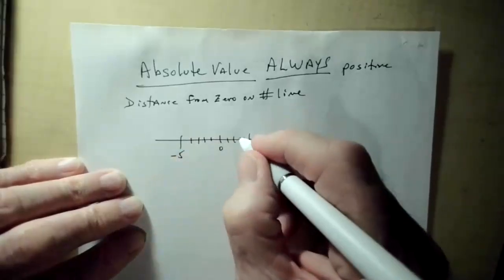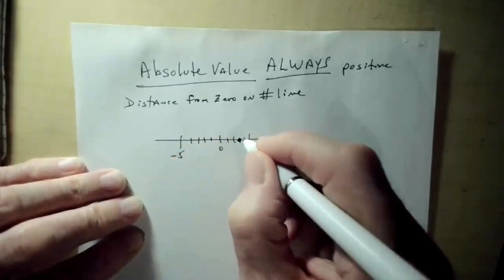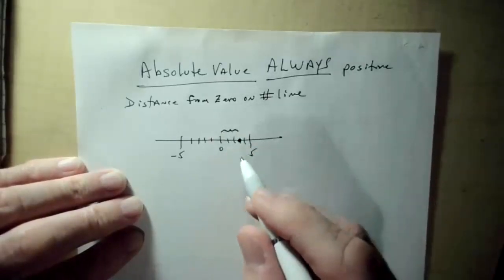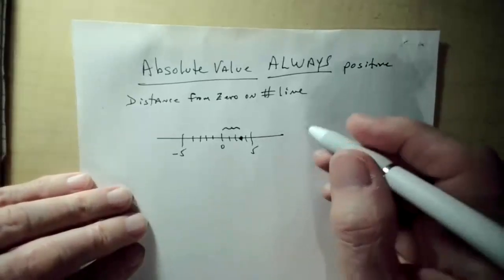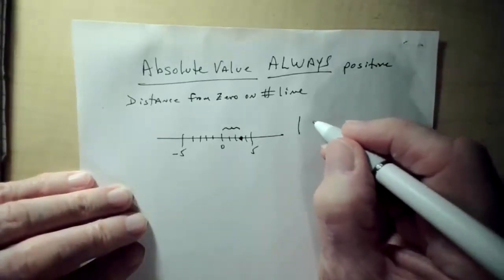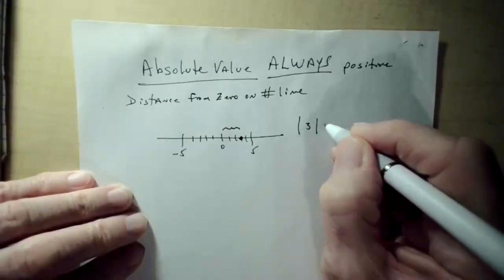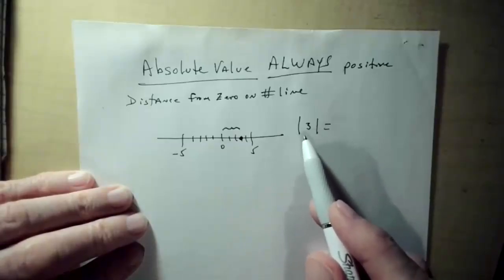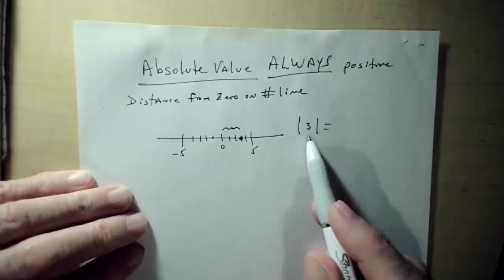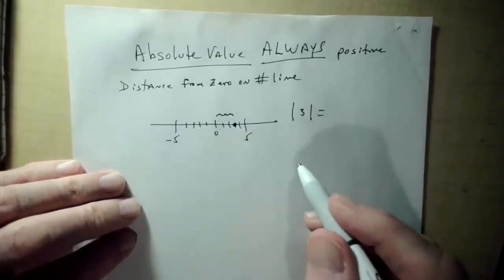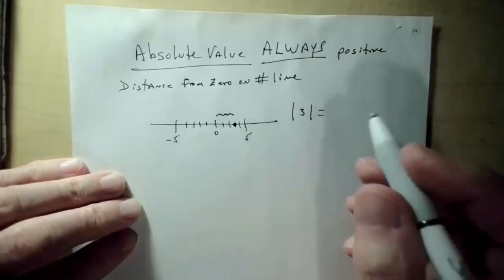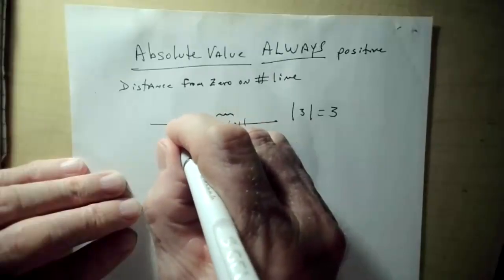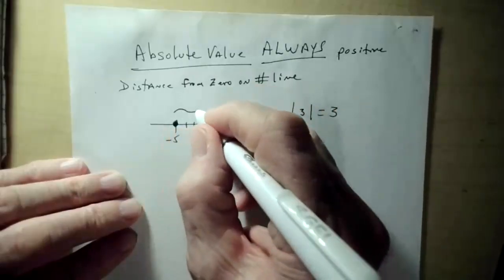So if we have 3, what is the absolute value? The way we show absolute value is two vertical lines. We treat the absolute value sign like parentheses, so we do this first. How far is it from 0 on the number line? 3.